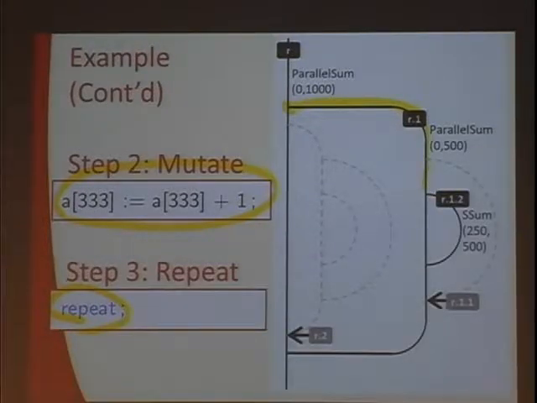The dotted gray lines represent revisions that did not read that element, whose behavior does not need to be replayed. We are going to have to do some re-execution of the skeleton, but not all the inner parts, only the part that actually got to the point where we read array index 333, which was the sequential sum from 250 to 500.